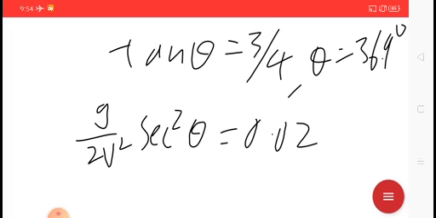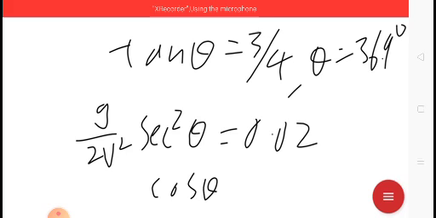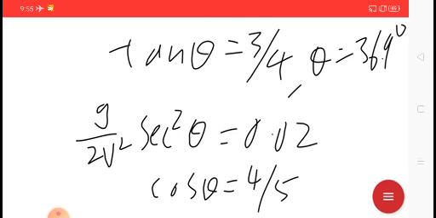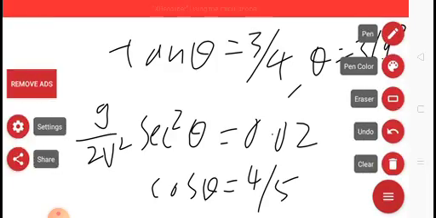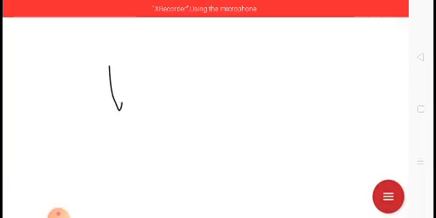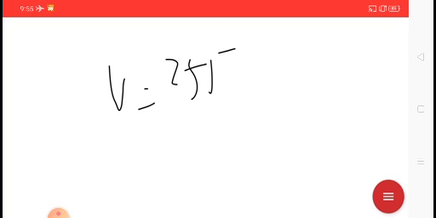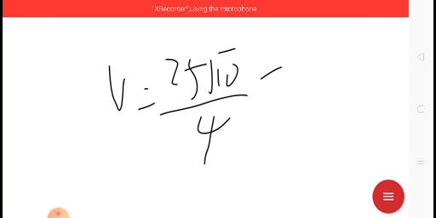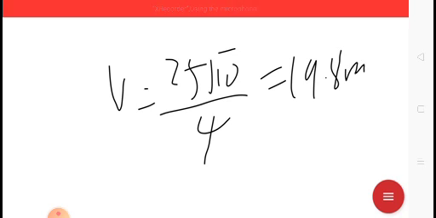Here you get cos theta equal to 4/5 from the triangle. So you can substitute into sec squared theta in order to find v. Your v will be equal to 25 root 10 over 4, about 19.8 meters per second.